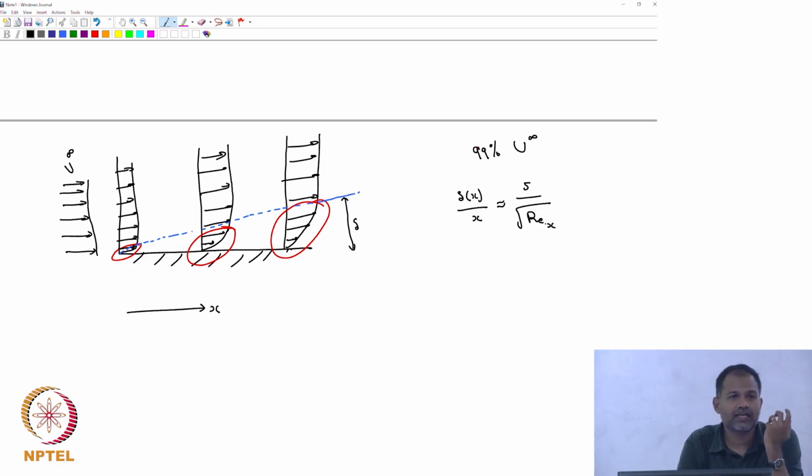When I say Re_x, the Reynolds number is defined based on the distance from the leading edge. Typically we define the Reynolds number based on a given length scale. It could be the radius of the pipe or the size of the particle. Here there is no other length scale other than the distance from the plate itself.